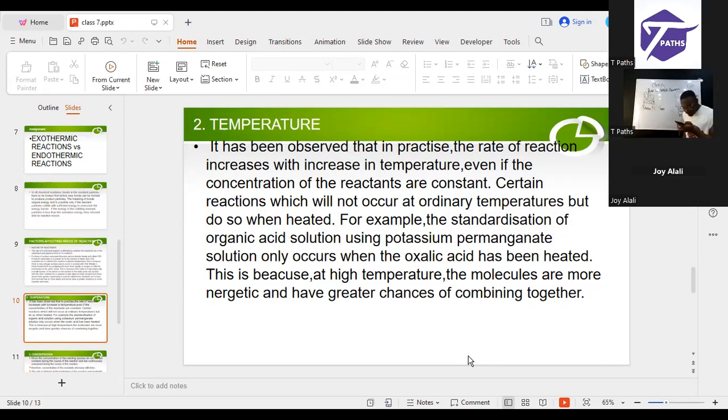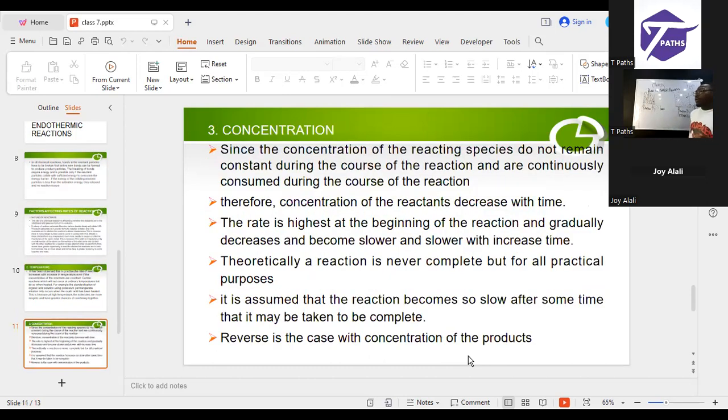The third one is concentration. Concentration influences the rate of the reaction. When you put in a reactant, it is continuously consumed with time.